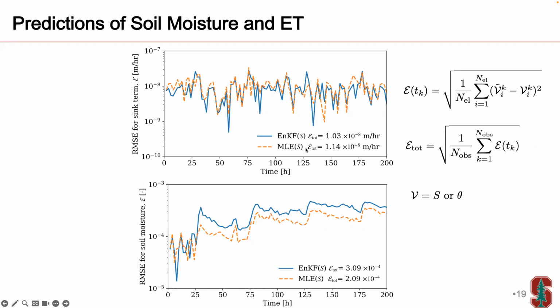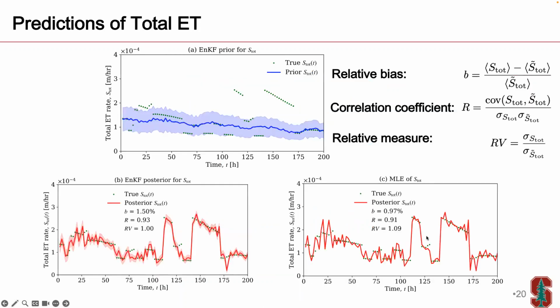We could see that the root mean square error for the sink term predicted by the ensemble Kalman filter and MLE are very close, and MLE performs a little bit better in predicting the soil moisture.